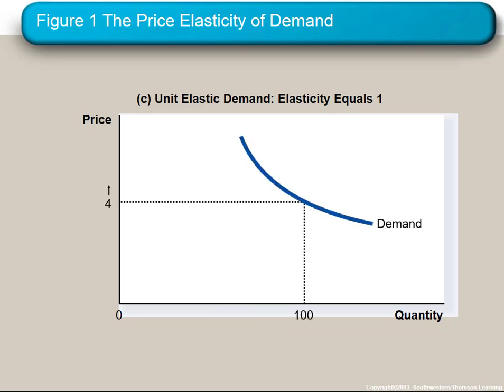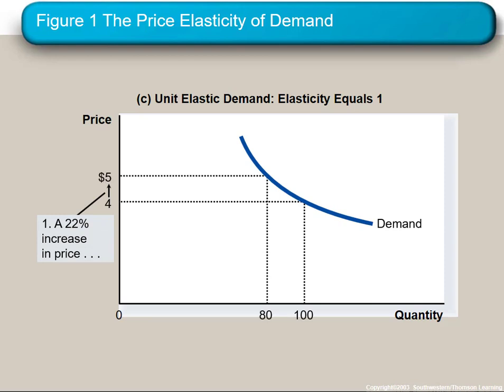A unit elastic demand curve is one where we end up with this opposite result, which is, as illustrated here, it looks relatively flat, and a 22% increase in the price is generating exactly a 22% change in quantity demanded.